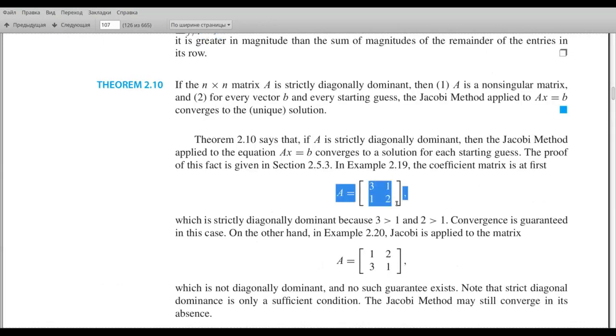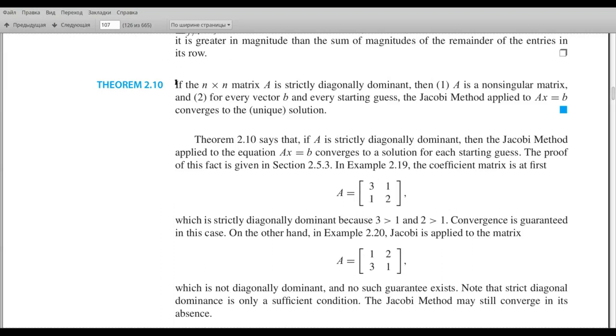This is the coefficients matrix for the first example when we haven't exchanged the rows. 3, 1, 1, 2. So you see the main diagonal element is strictly more than the sum of all other elements. Here we have just one element, which is 1, right? Here we have the same. So the magnitude of the element on the main diagonal is strictly more than the sum of the magnitudes of other elements in the same row.